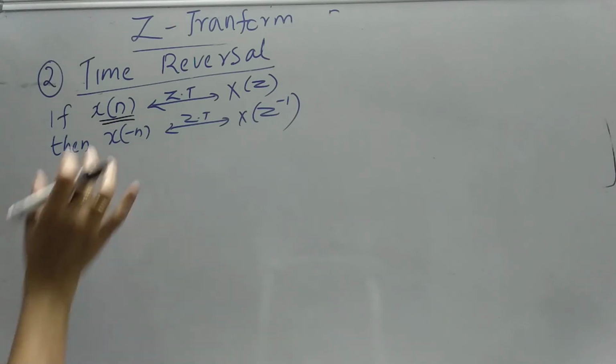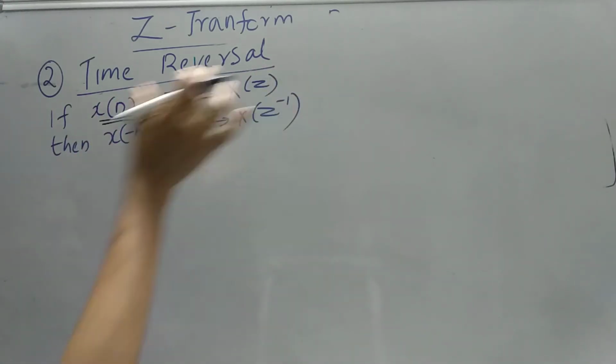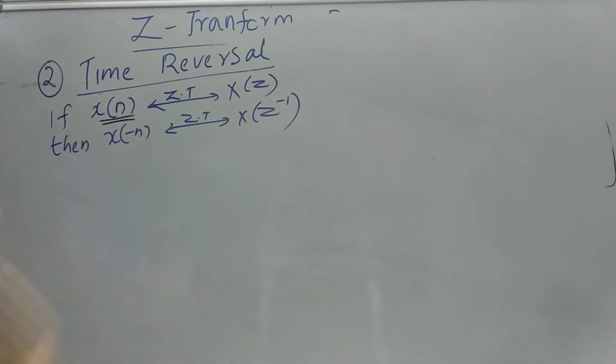So we have a discrete sequence x of n with z transform pair X of z, then x of minus n has the z transform X of z raised to minus 1.